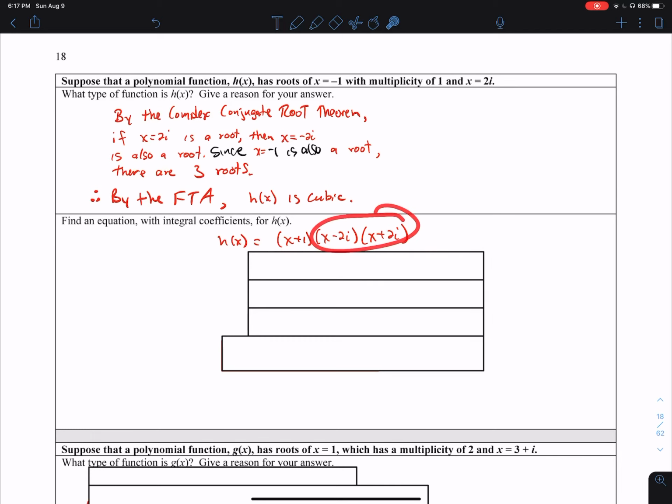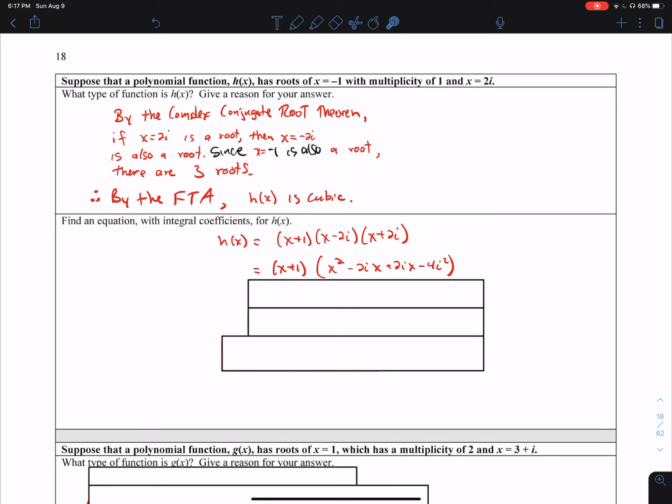Let's multiply the two conjugates together first. When you multiply two conjugates together, these two middle terms will always cancel out because it's always the same term with opposite signs. So we have x times x, which is x squared. Negative 2i times positive 2i is negative 4i squared. x times 2i is a positive 2ix.